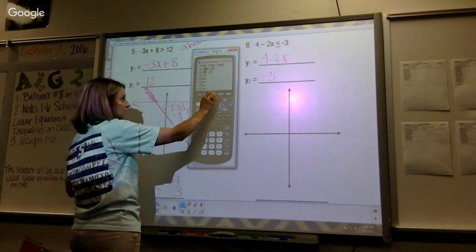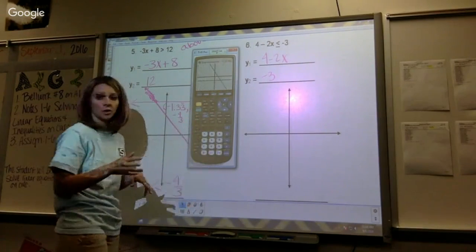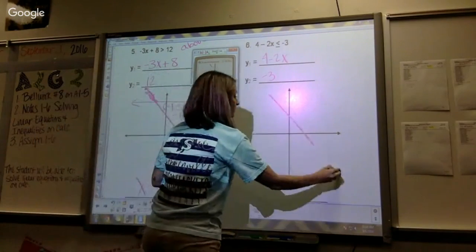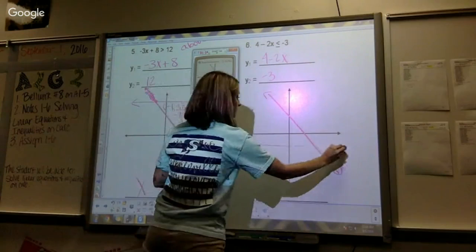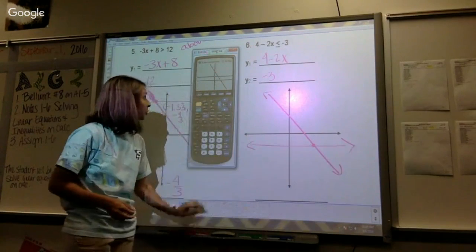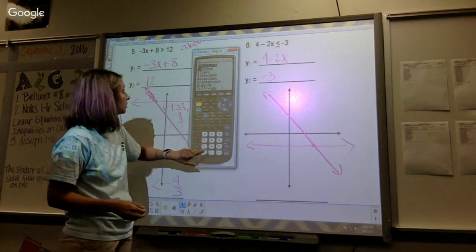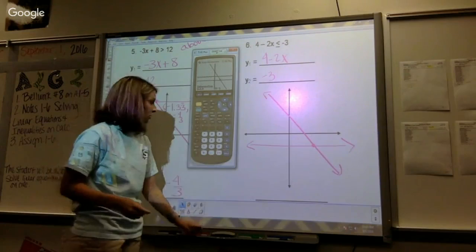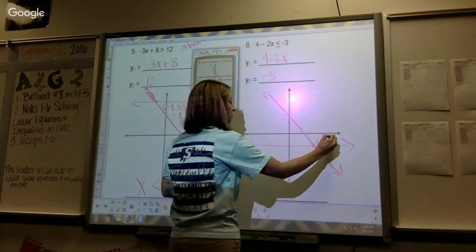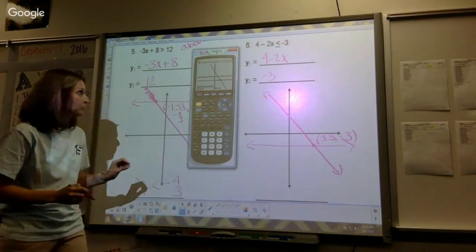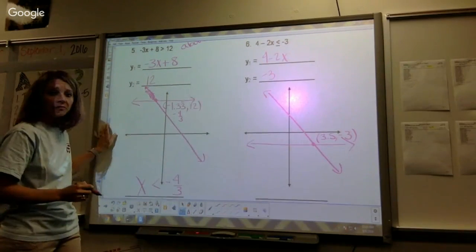I'm going to go back to Zoom 6, because we changed the window on that last one. We have 2 lines. Finding their point of intersection, second, calc, 5. Enter 3 times. We should get 3.5, negative 3. And then we'll need to shade before we can find the solution.